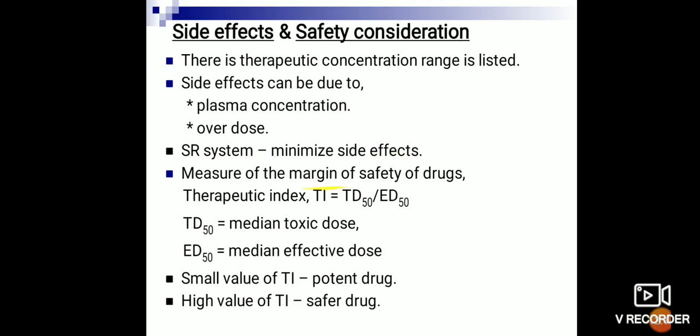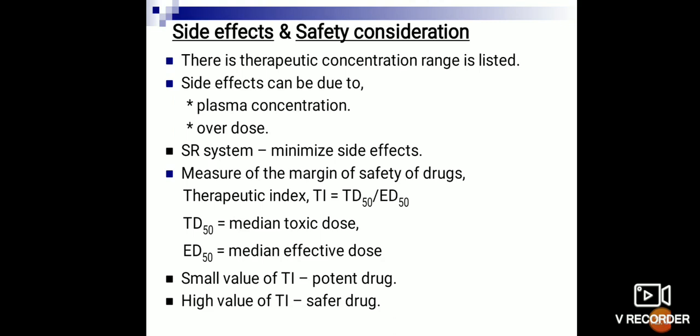The measurement of the margin of safety of a drug is the therapeutic index, TI, equal to TD50 divided by ED50. TD is the median toxic dose, and ED is the median effective dose. That ratio of median toxic dose divided by median effective dose is very important. It is also called the therapeutic index.